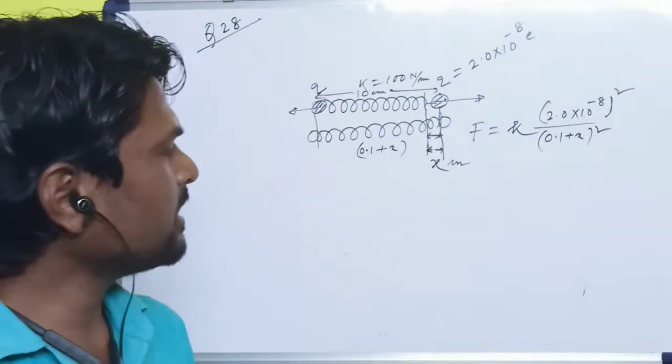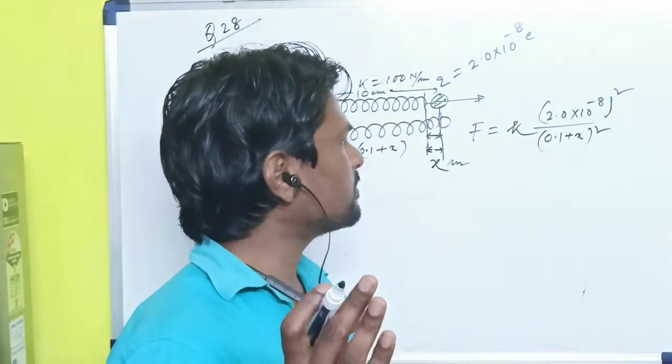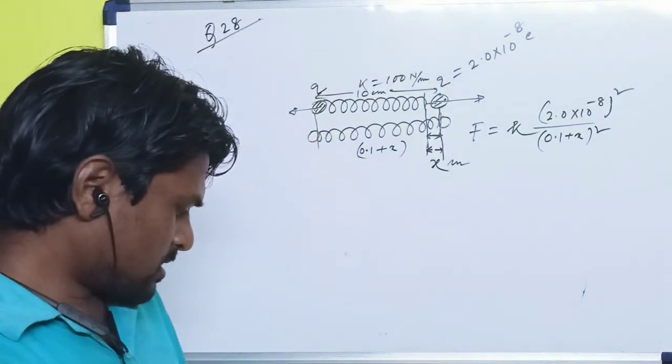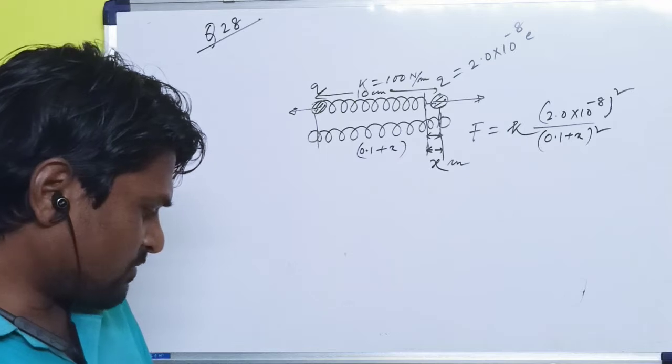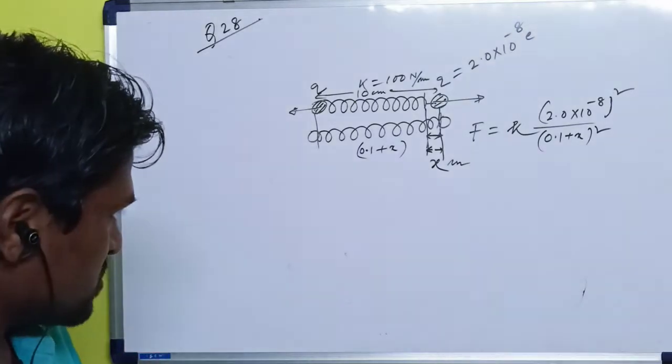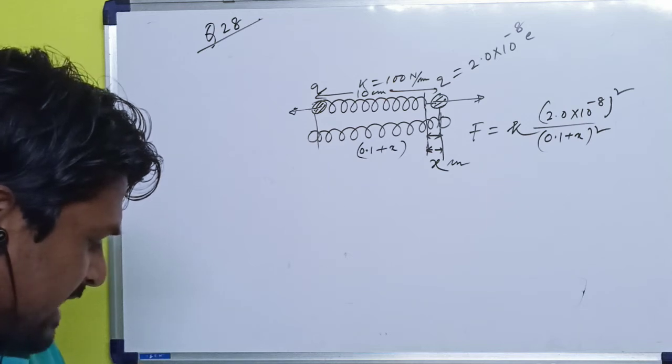F equals to kappa, that means proportionality constant, 9 into 10 to the power 9. And if the charge is this one, find the extension in the length of the spring. You have to calculate x.